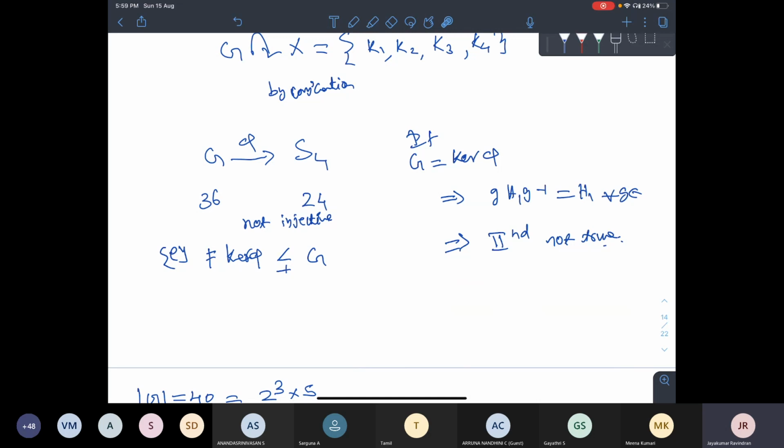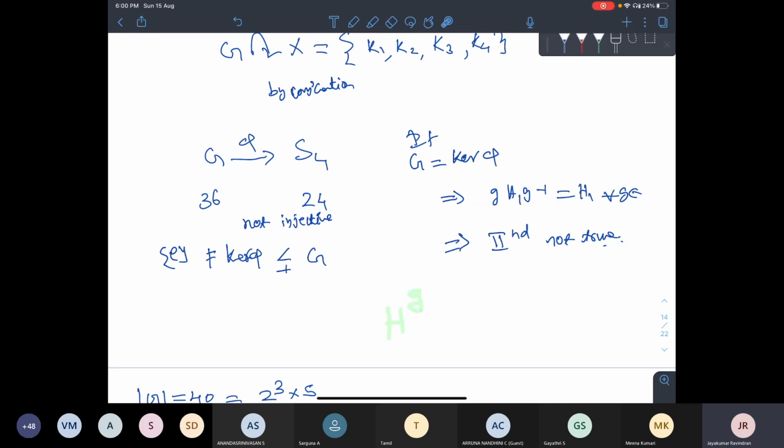The second theorem says that whenever H is a p-Sylow subgroup, then g H g inverse. Fancily, I used to write it like this. Some people write like this. Okay, Raghavan sir used to like this.